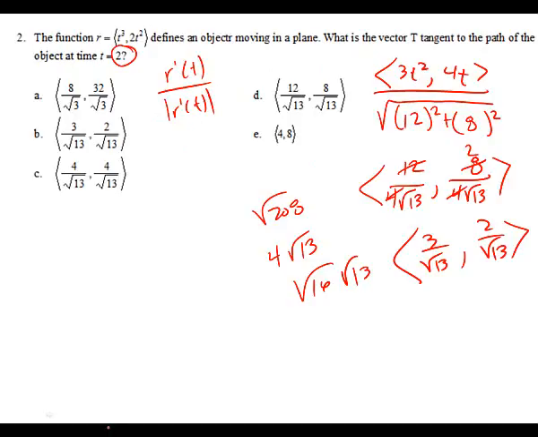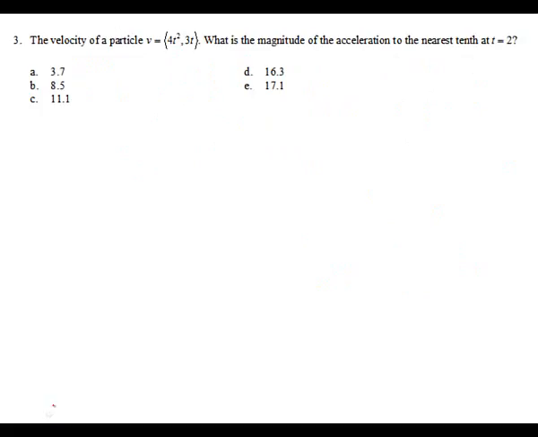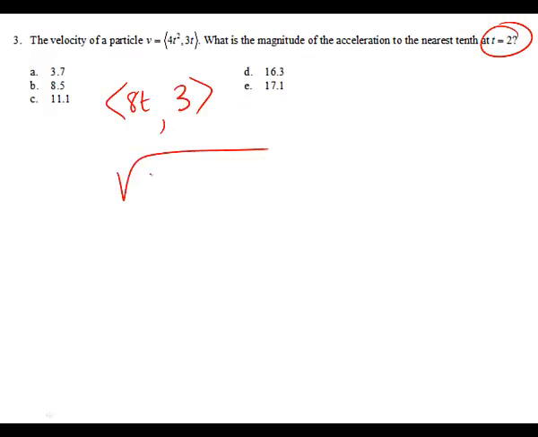All right, what would you like me to do next? Number 3. All right, the velocity of the particle is that. They want the magnitude of the acceleration, so it's basically the same thing we just did. All right, what would the acceleration vector be? 8t and 3. Okay, and then I'm going to do the magnitude, and I'm going to plug in 2 at the same time. We know it's the derivative squared.